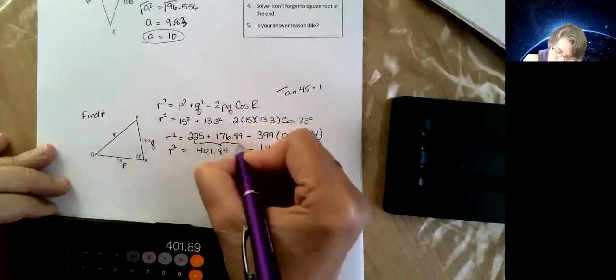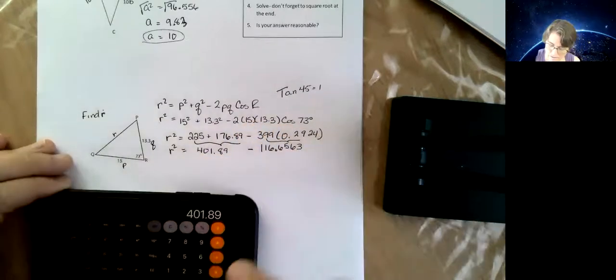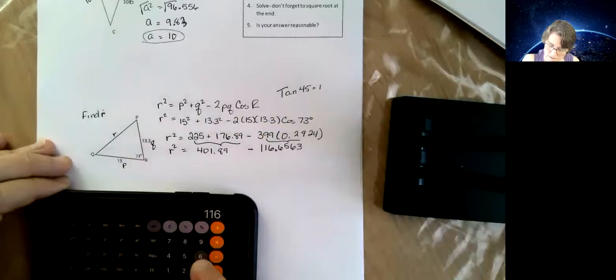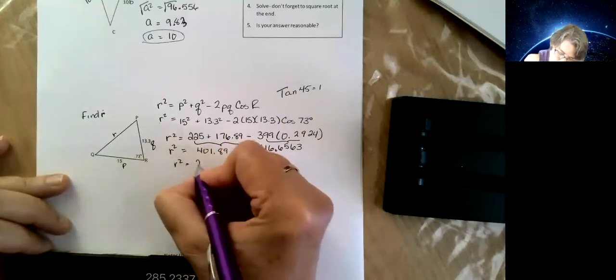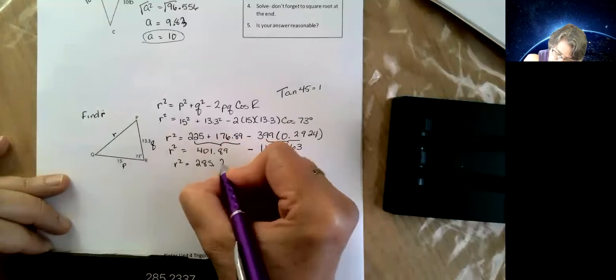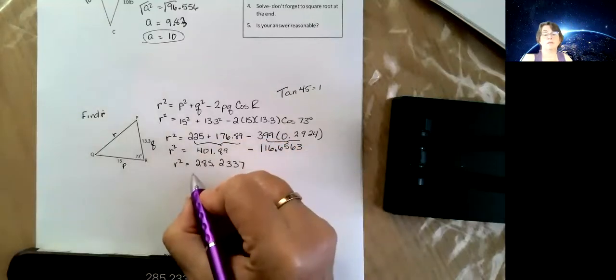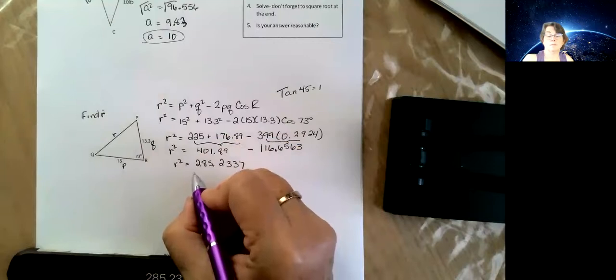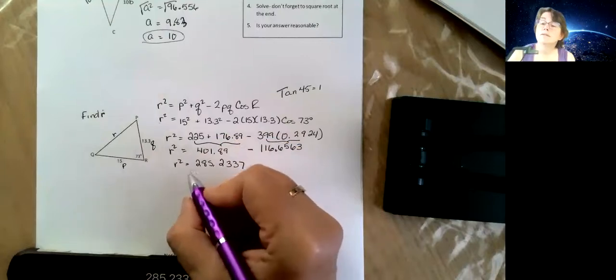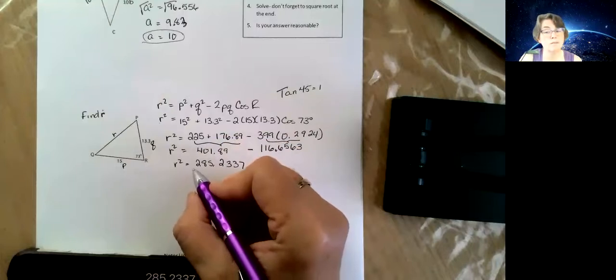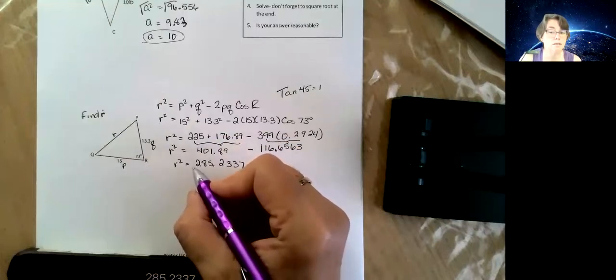So I put these together, and then I multiply these, minus 116.6563. R squared is 285.2337. By the way, if this number ever comes out negative, then something is going wrong too, because you can't take the square root of a negative unless you're looking at imaginary numbers in pre-calculus or calculus, not in Math 20.